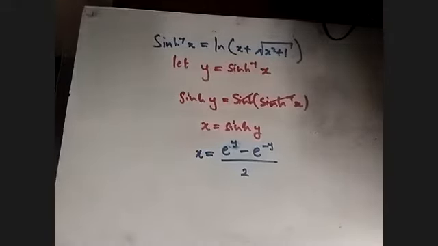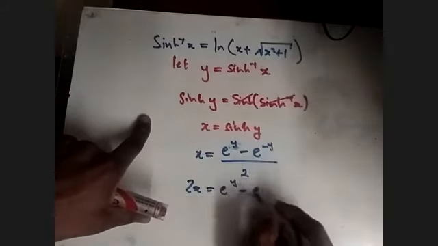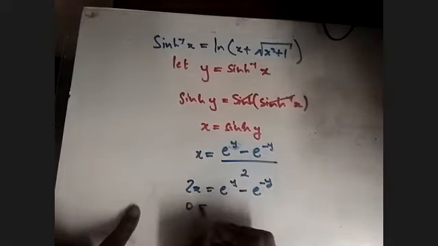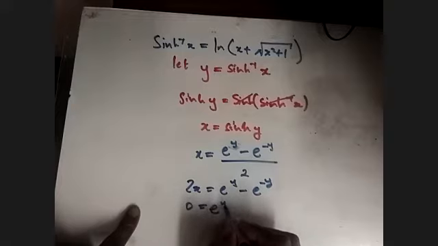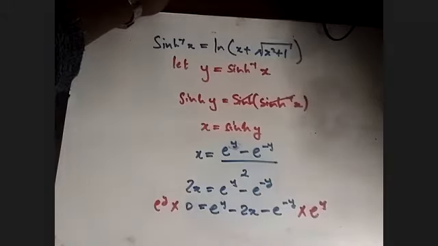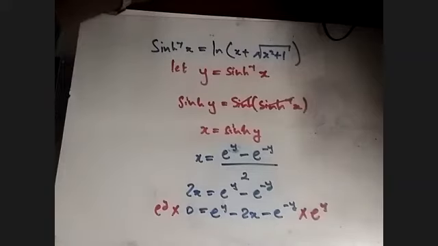Okay, so we're going to have 2x is equal to e to the y minus e to the negative y. Then transpose, we're going to have 0 is equal to e to the 2y minus 2x e to the y minus 1. I'm just going to multiply by e to the y on both sides, because we have to balance it out, so for it to balance out we multiply on both sides.